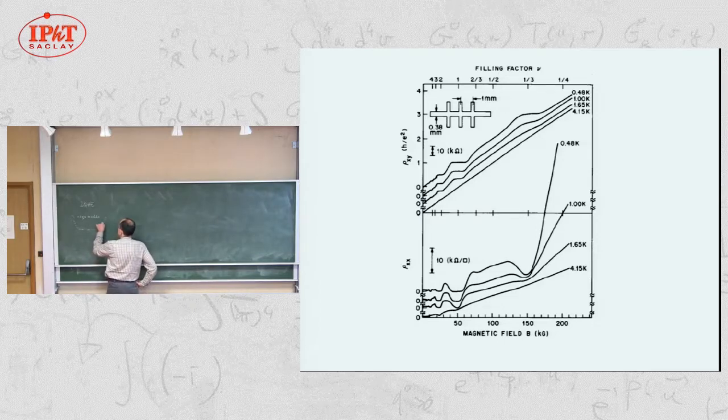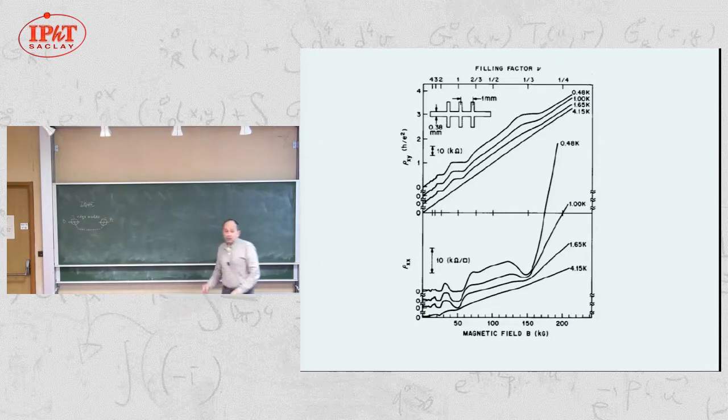In a simple one-body picture, you fill all these states with electrons. And then the whole conduction is due to the imbalance between the Fermi energies at each of these edges. So let me call mu the chemical potential.